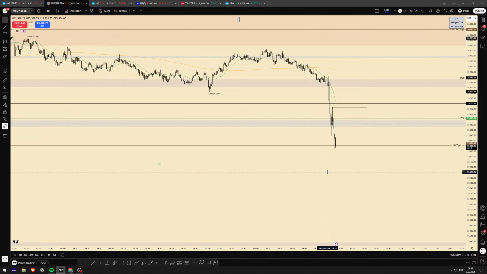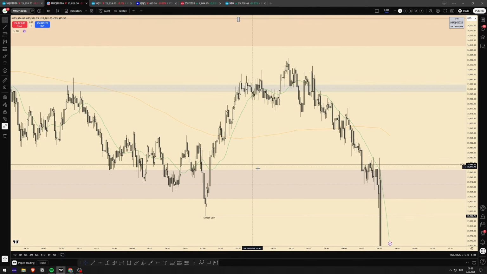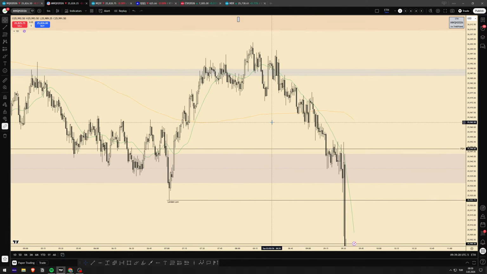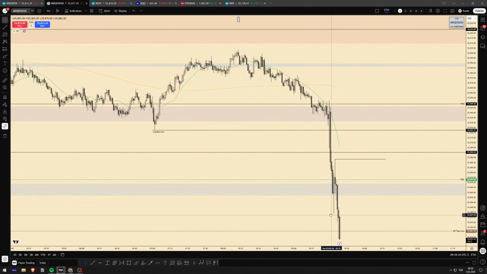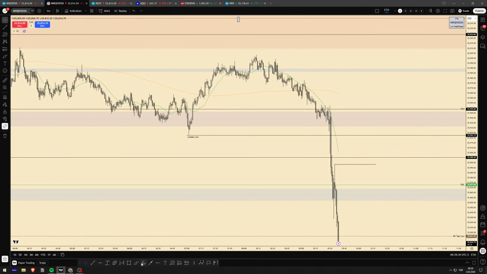Is it consolidating? Is it expanding? For example, this is an obvious consolidation, right? And we see this kind of price action really often right before the market opens. And sometimes we see this kind of price behavior right at the market open, right at the 9:30.